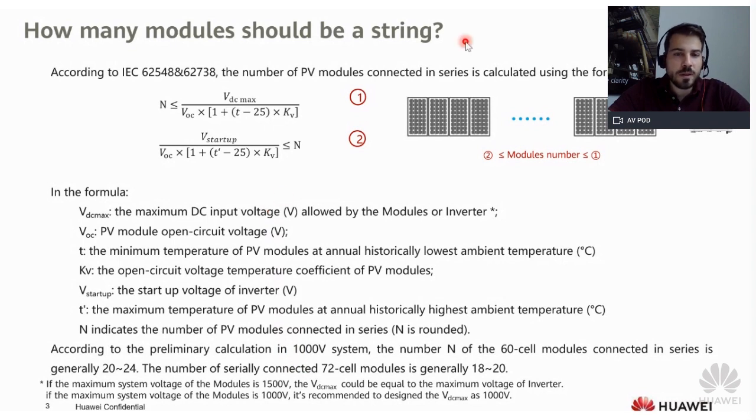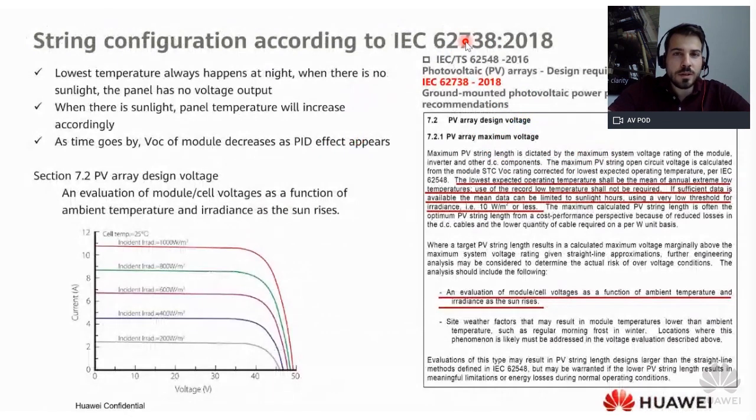But if we think about this, it doesn't take into consideration that the VOC, the open circuit voltage, will be different in different conditions, or that the PV panel also has a correlation. If there is sun, the PV panel will have a different temperature, so it will heat up during sunny weather.